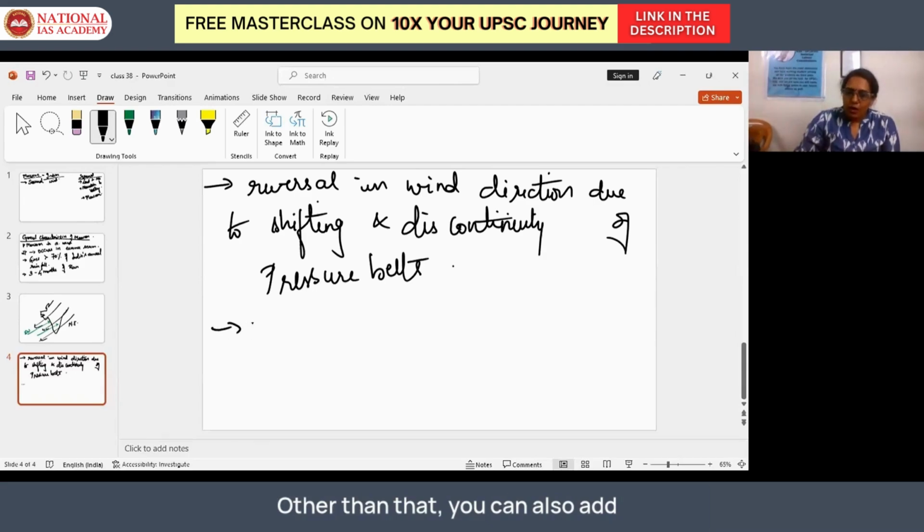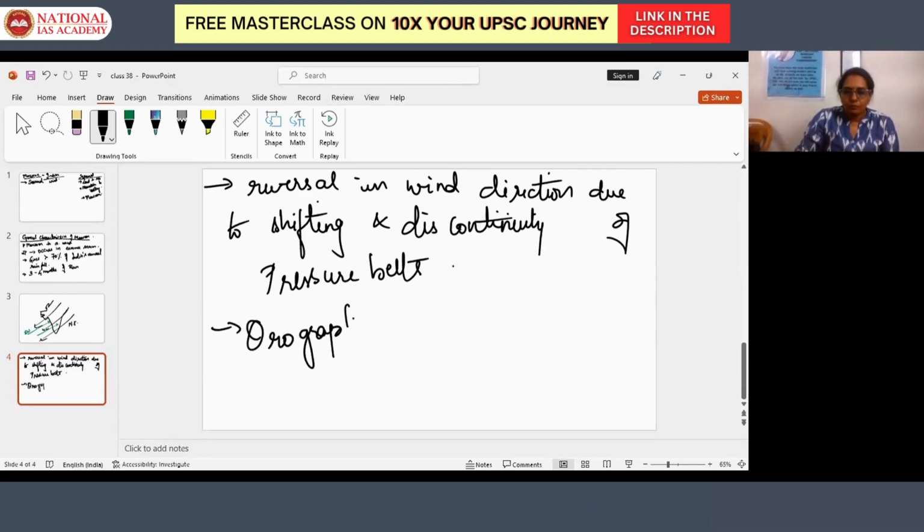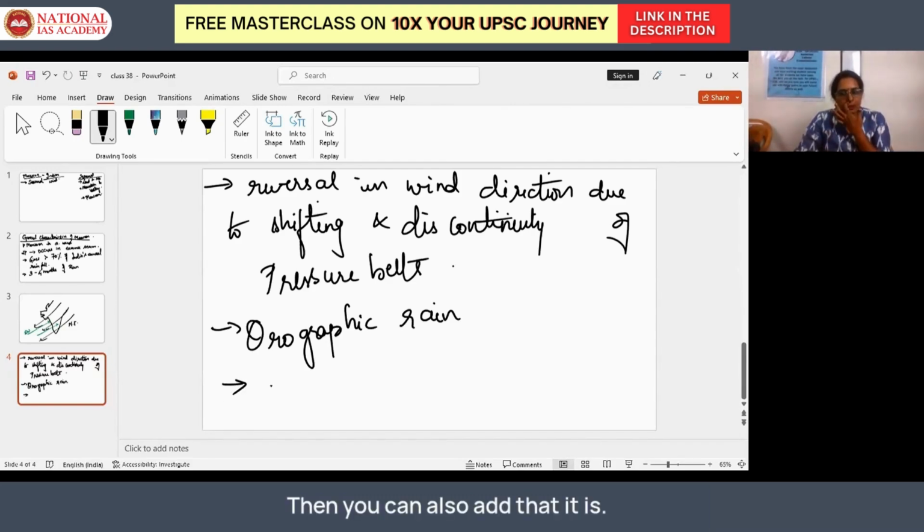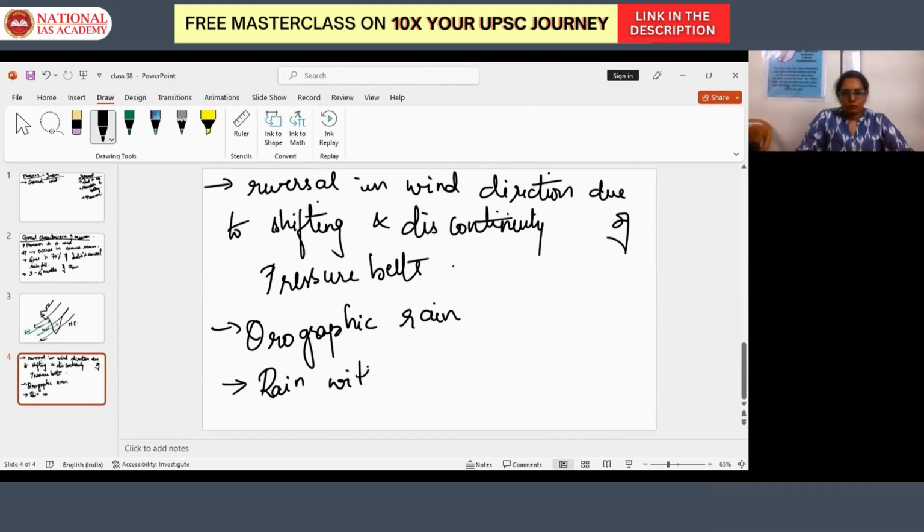Other than that, you can also add that it is an orographic rainfall. Then you can also add that it is rain without thundering and lightning.